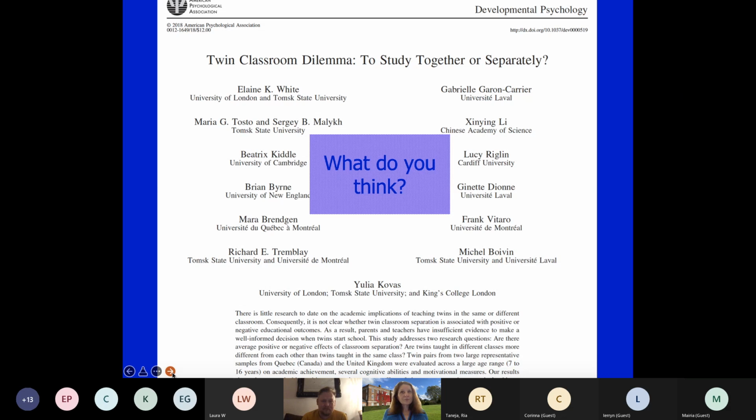Some countries separate twins in education. For example, in Canada, in many schools, it is recommended and sometimes compulsory for twins to go to different classrooms. In the UK, in primary school, children usually study together, but then begin to be more and more separated, especially in educational systems where there is any kind of tracking or streaming, where children attend different classrooms depending on current ability or performance.